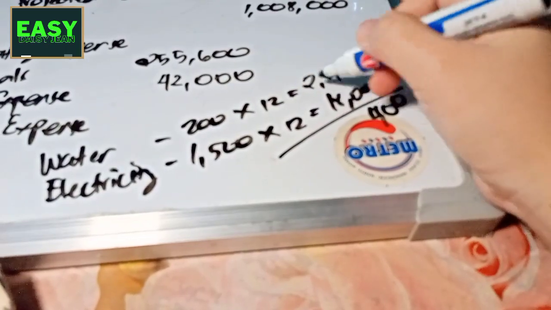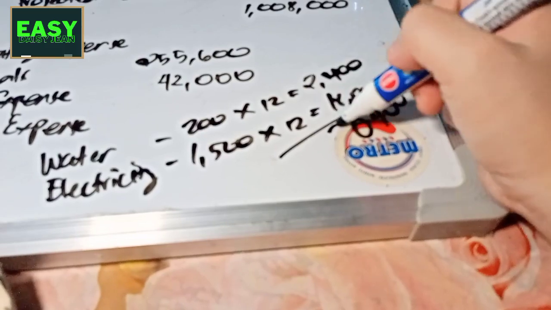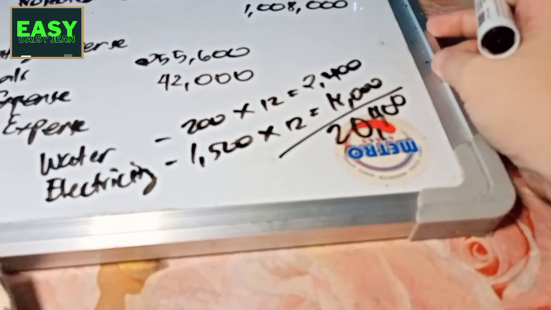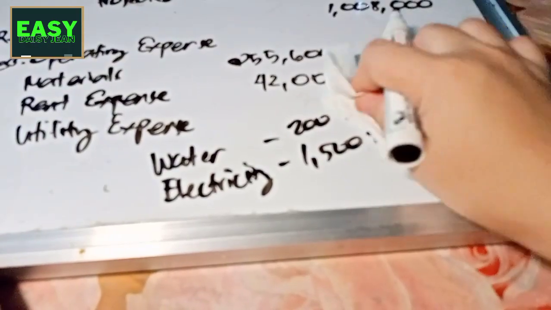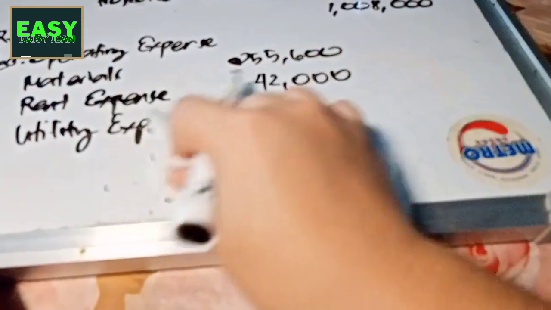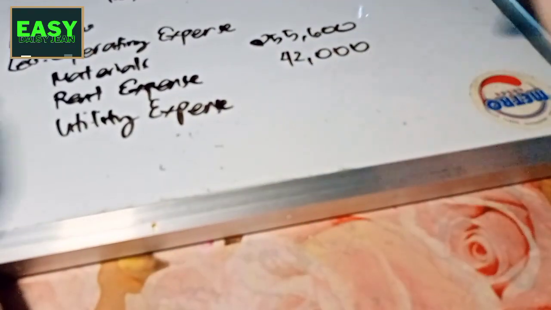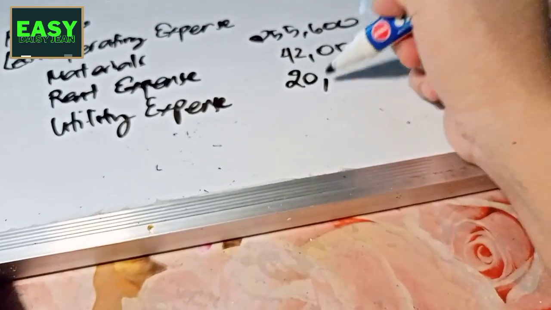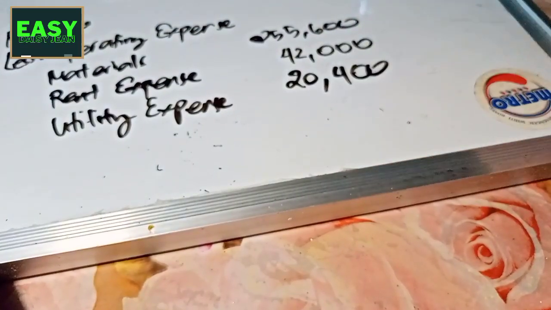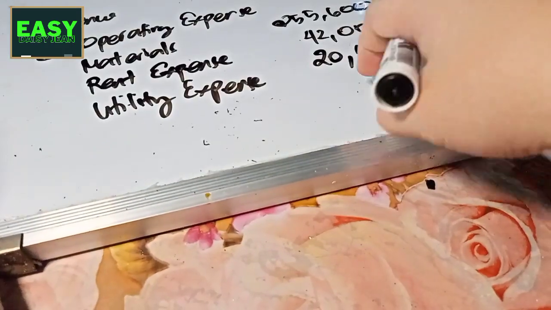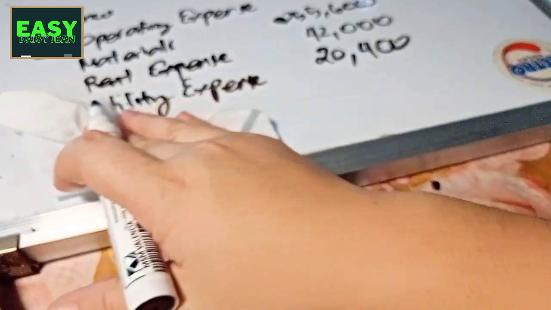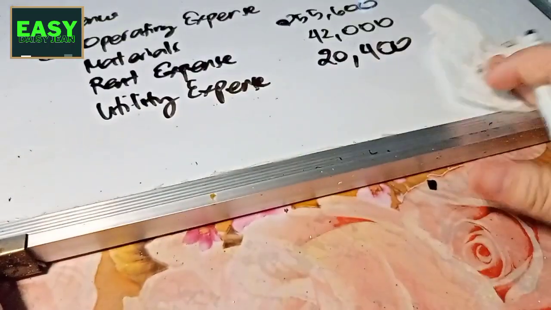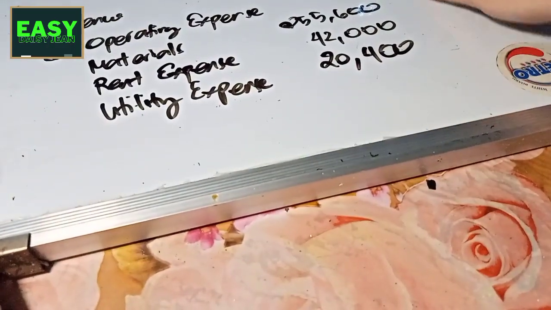It's 20,400. So let us erase this computation. Then you will have 20,400. And then you will identify what the expenses are that your company will make use of so that your social enterprise plan can start its operation.